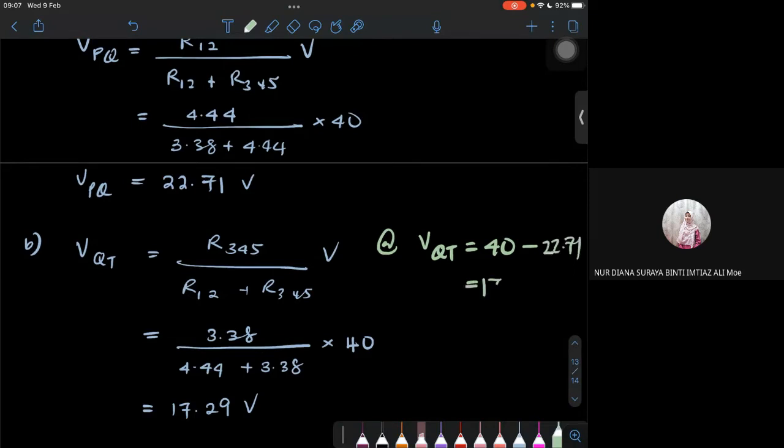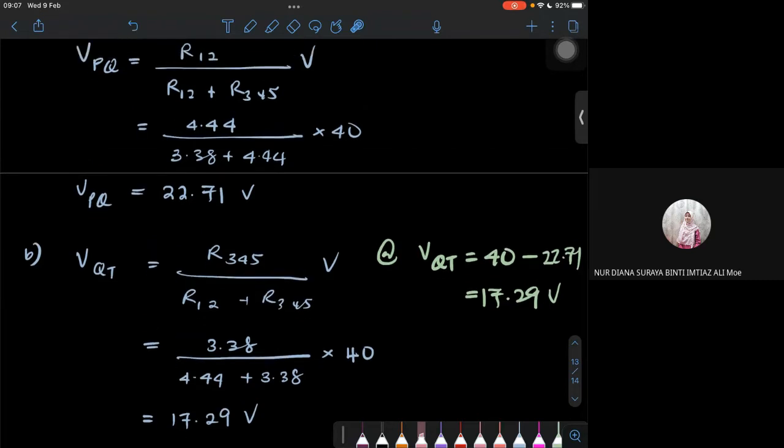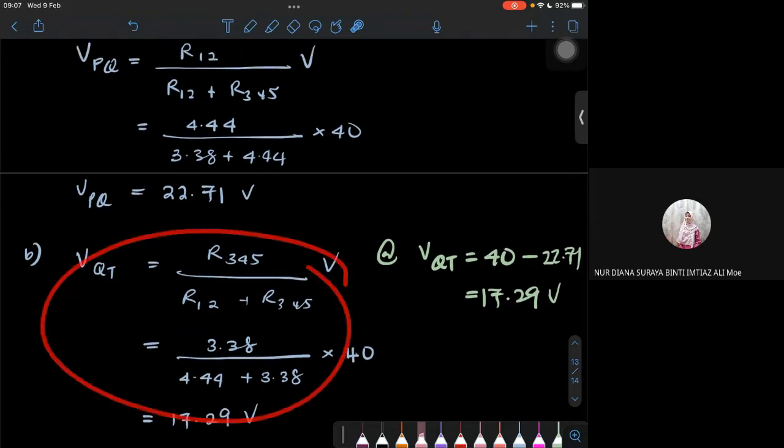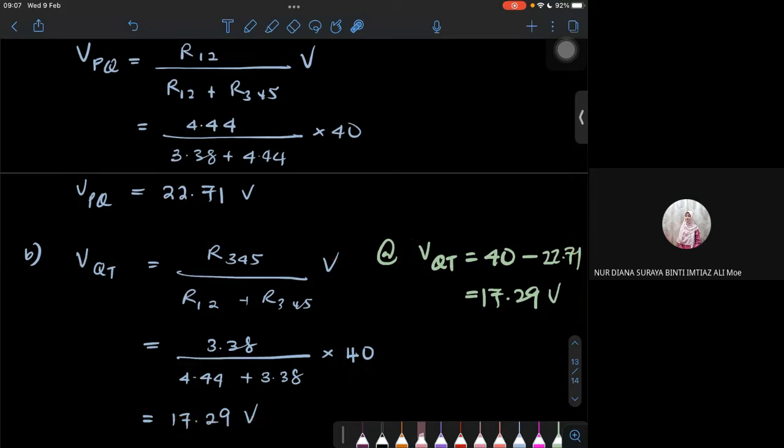You will get the same value lah, 17.29 volt. Okay, so kalau soalan macam ni dia tidak spesifikkan method apa yang kamu boleh gunakan, we can use this method ataupun terus gunakan this one as long as you can find that value of VQT. Okay, boleh? Boleh Miss.